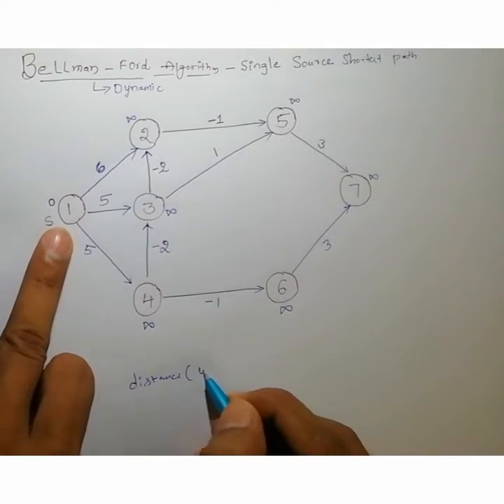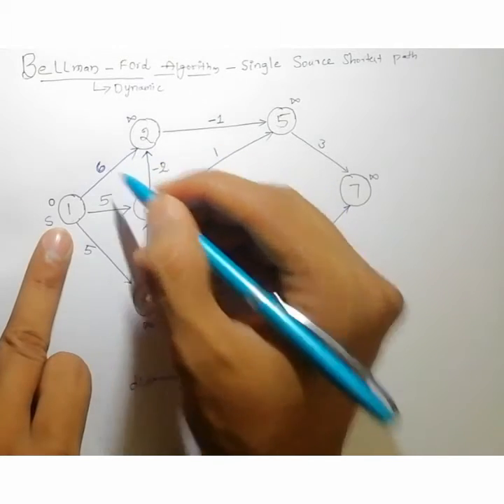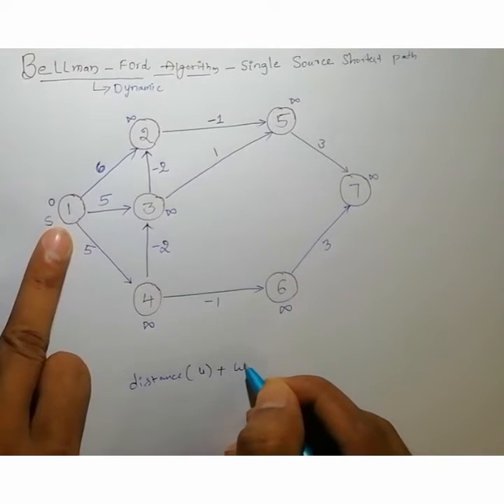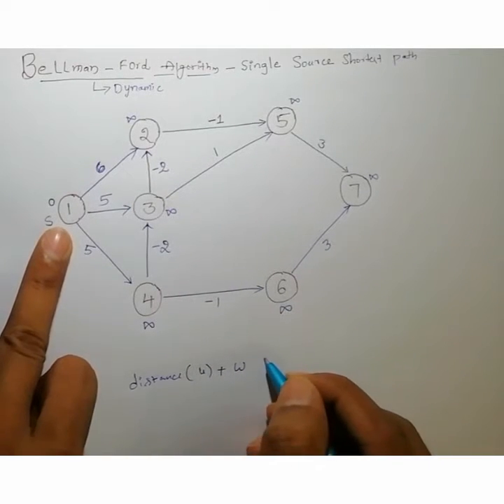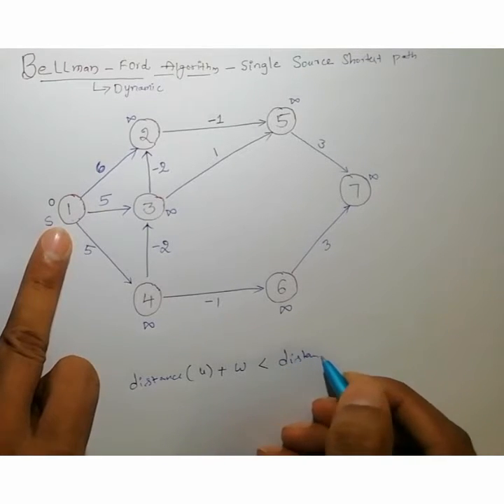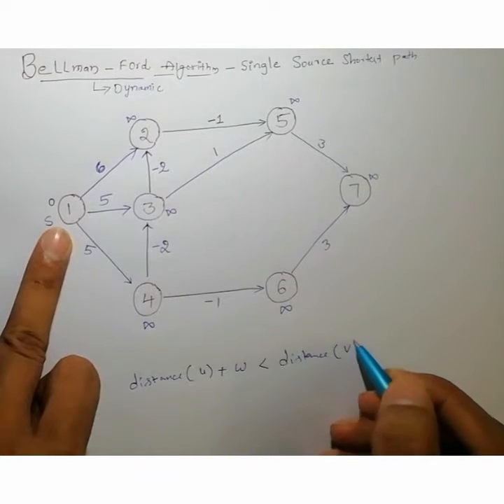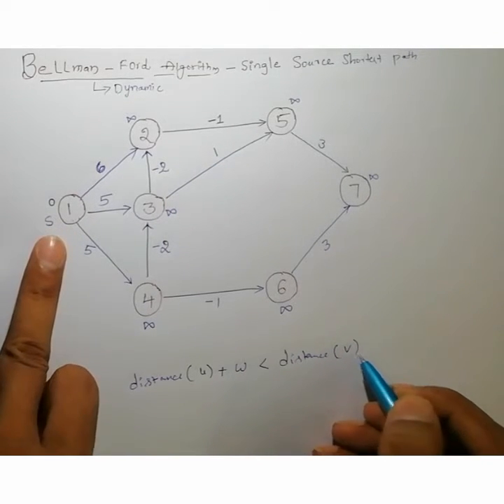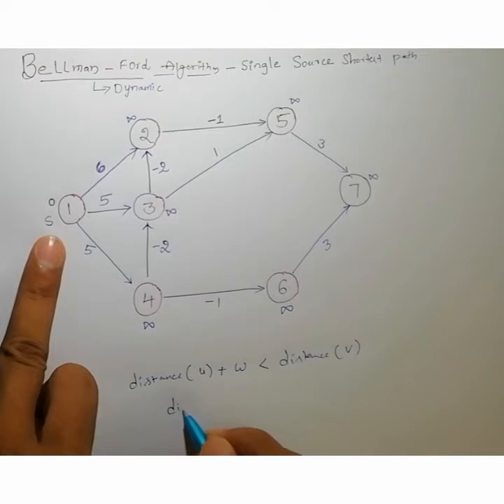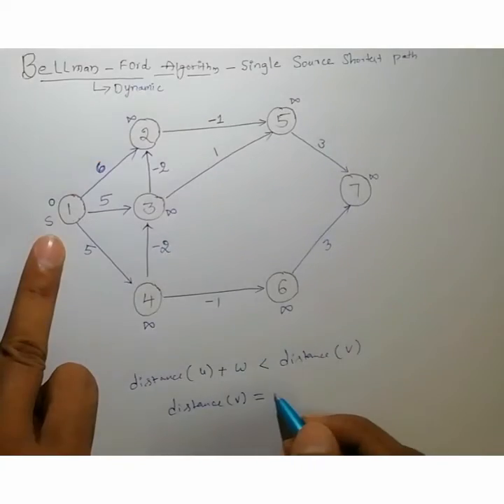In the general formula I will write the distance of u plus the weight, that is 6, represented as w, if it is less than the distance of the next vertex, that is 2, then the distance of v is equal to 0 plus 6.